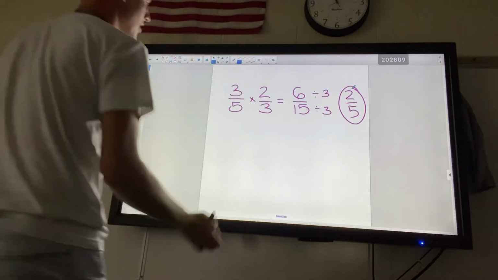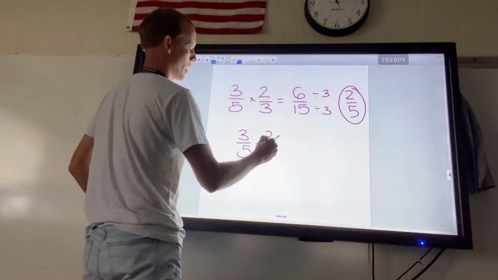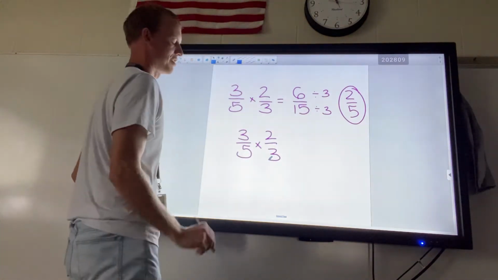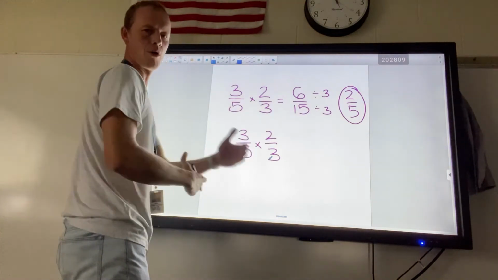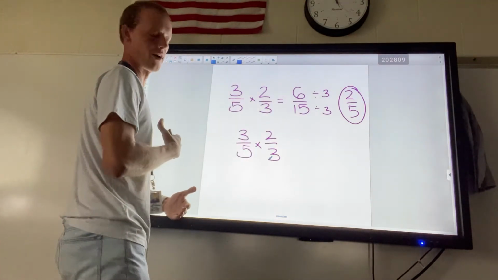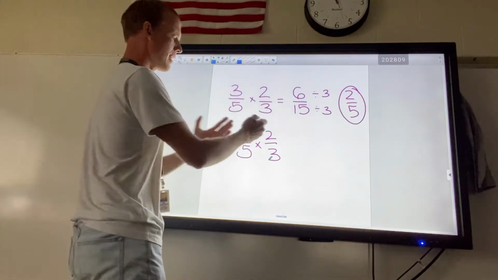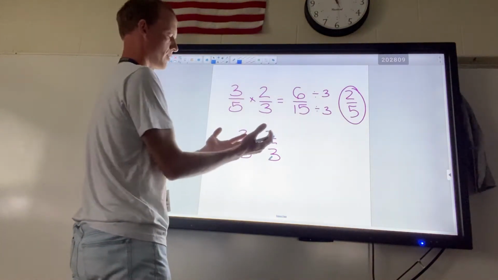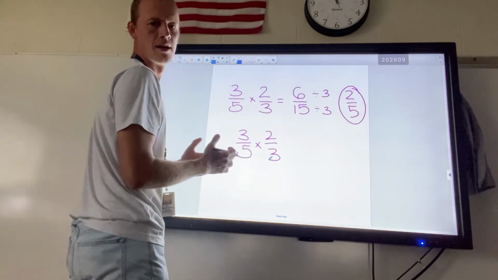However, there's another option that I want to show you that I think is quicker, and some of your teachers showed you last year. Since we're multiplying and the order we multiply in doesn't matter, we can do something called cross simplifying. 3 times 2 is 6, but so is 2 times 3. 5 times 3 is 15, but so is 3 times 5.